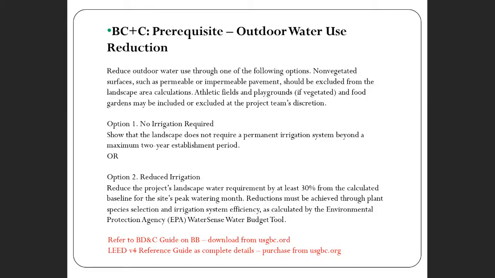A lot of times with native and adapted plants, you have to get those plants established. And once they're established, once they've sunk down those deep roots, you don't necessarily have to water them anymore. Or option 2 would be reducing. It would be a calculated reduction.